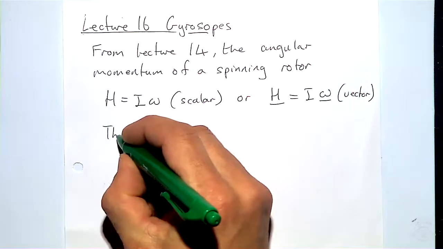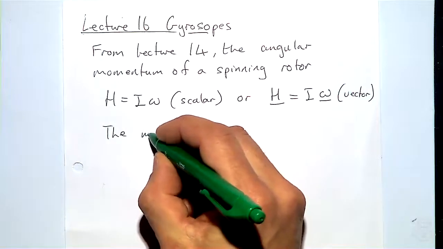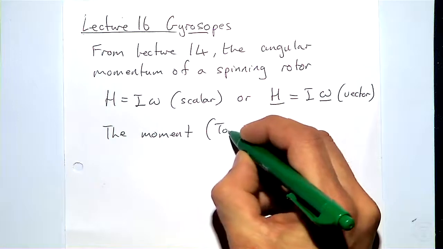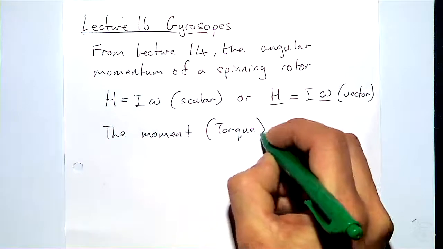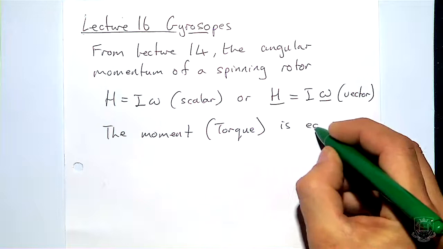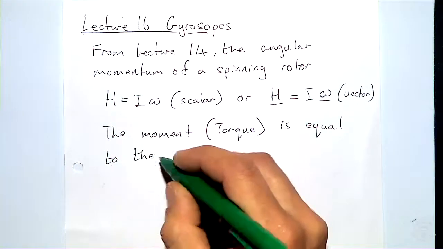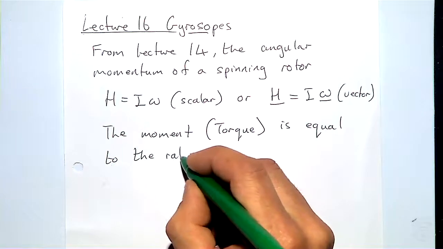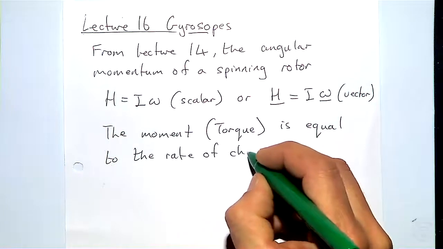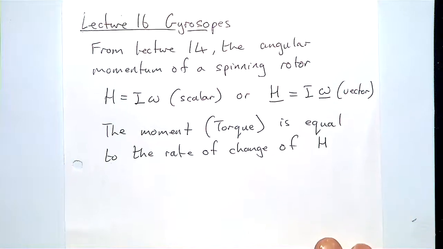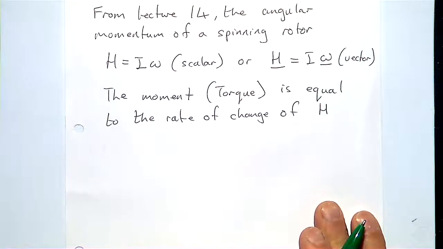We also did in lecture 14 about the moment, or sometimes people refer to torque, which is equal to the rate of change of h. If you remember back to lecture 14, we did h dot, which is d by dt of h.